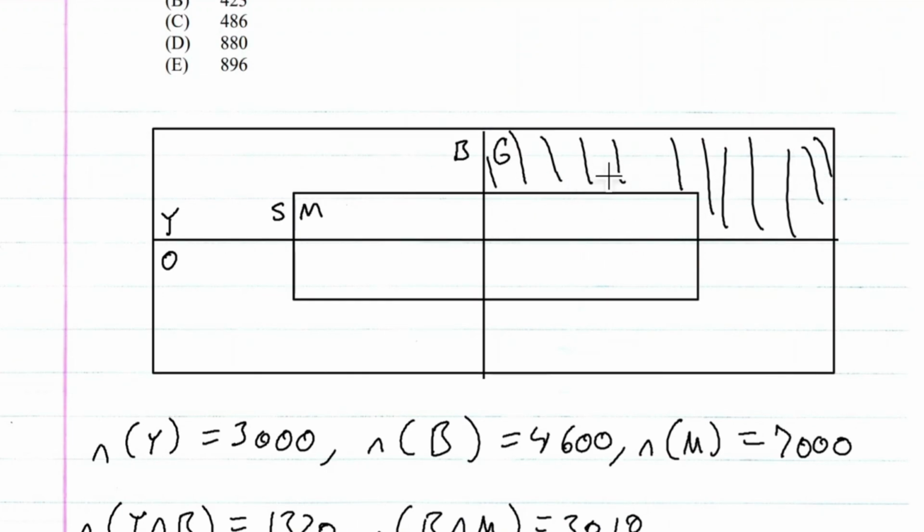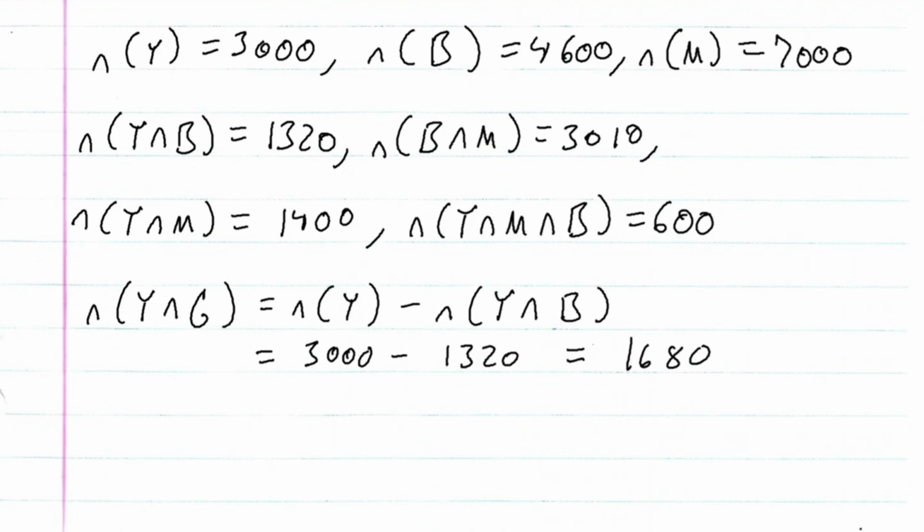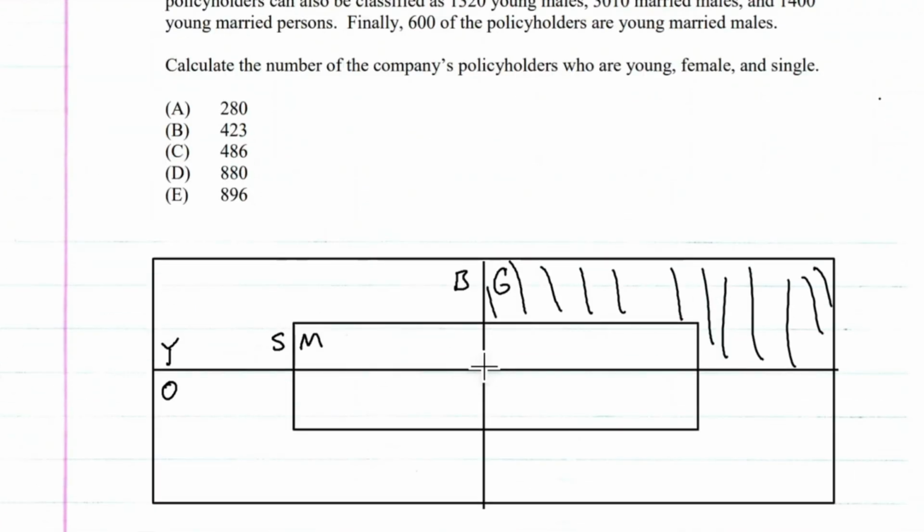Now I can actually find young, female, and married. And I'll show you in a second how. So I can now find the number of young, female, and married, because the number of young, female, and married is going to be the number of young and married.